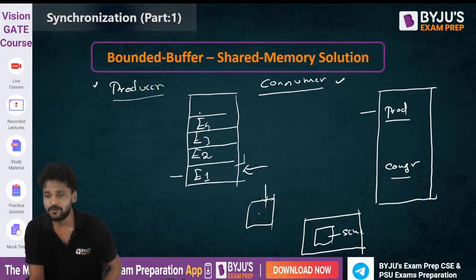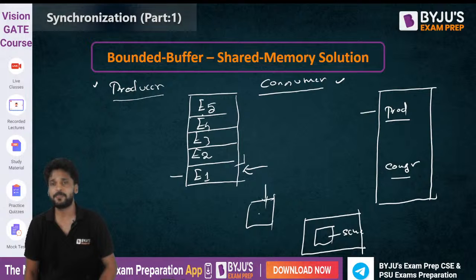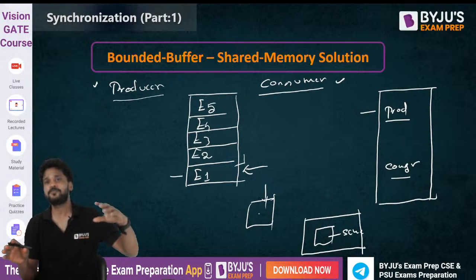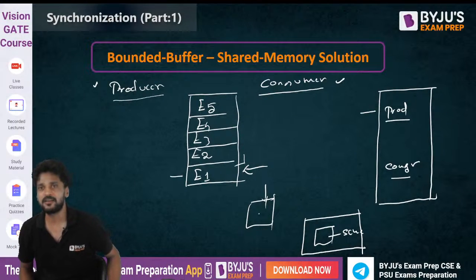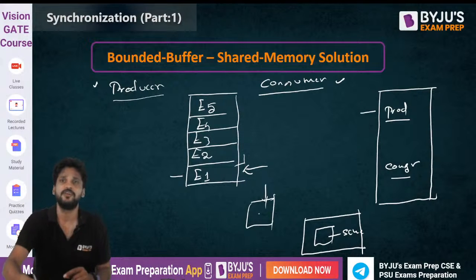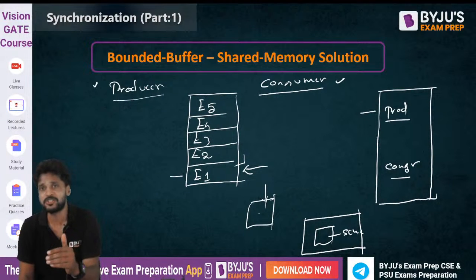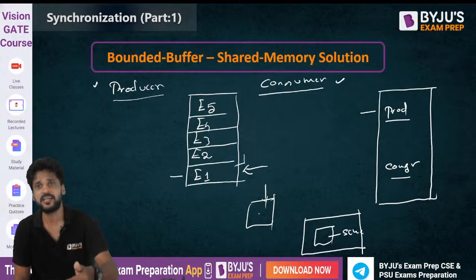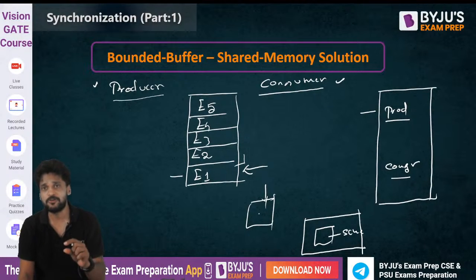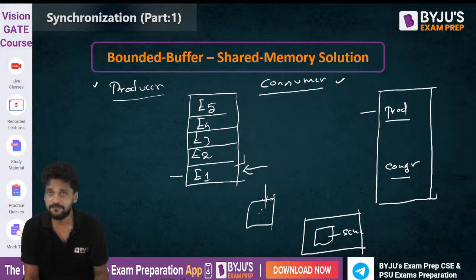Fourth time, fourth element. Fifth time, fifth element. Now you can see the buffer is completely full. If the buffer is completely full, there is no point in scheduling the producer any more. Why? Because if the producer gets scheduled one more time, since it needs to produce one element, it will definitely produce an element in this location.